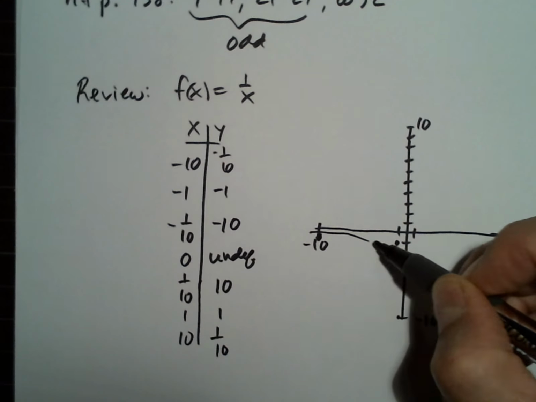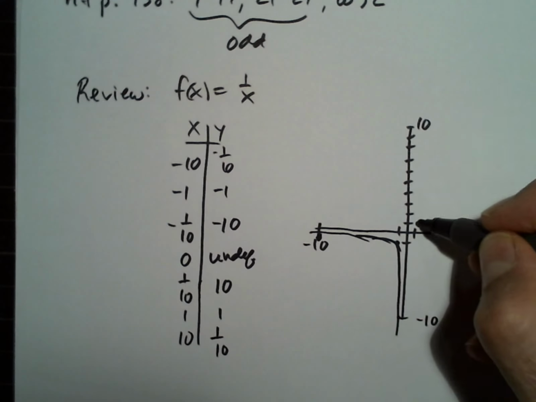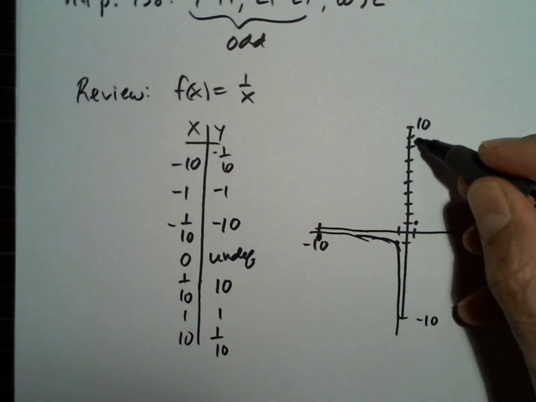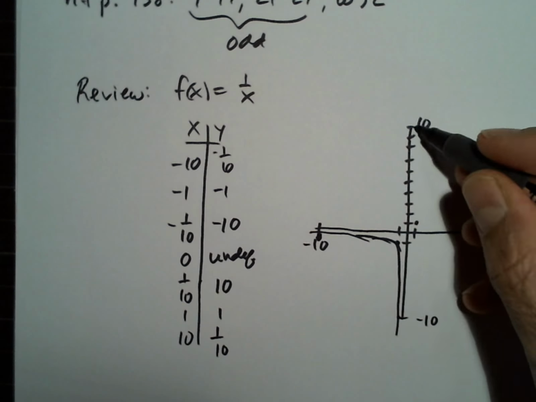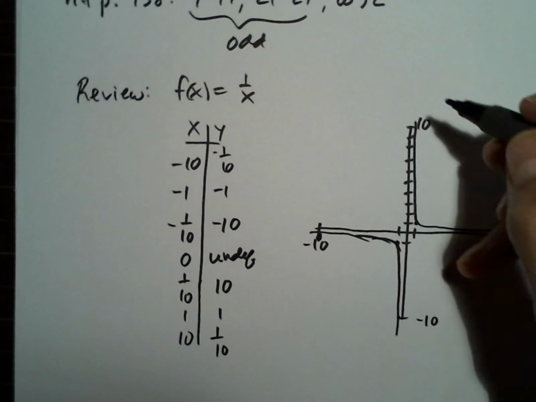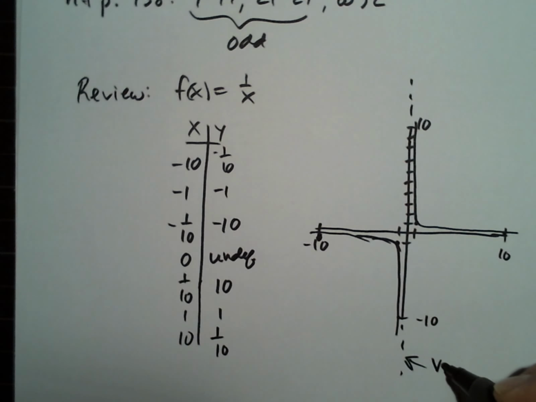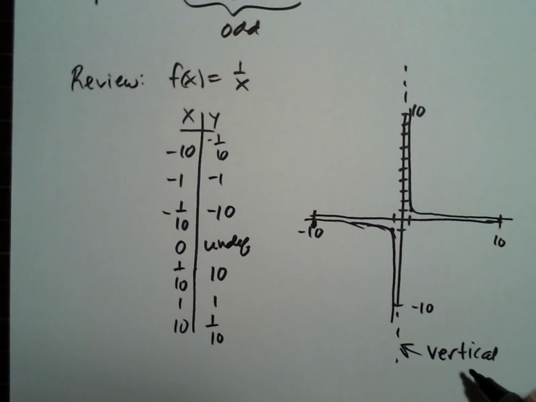So we see this happening. Same thing over here. And we have a vertical asymptote.